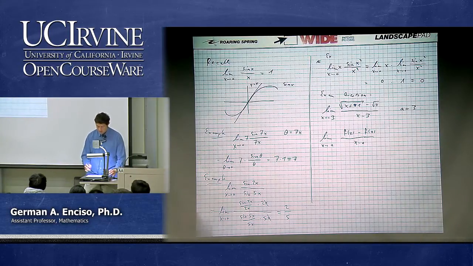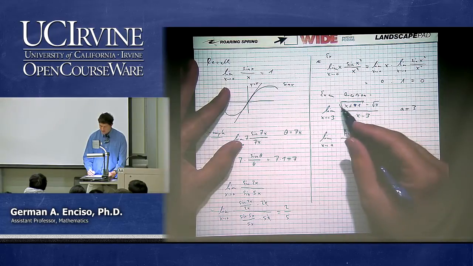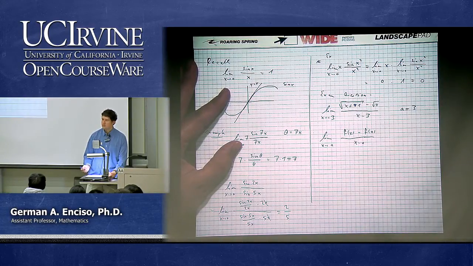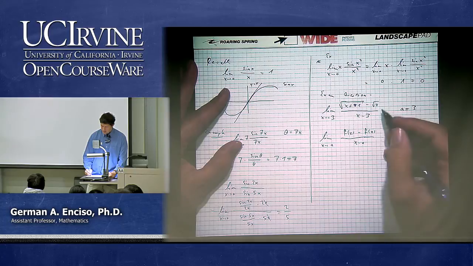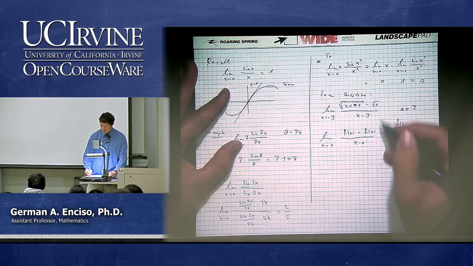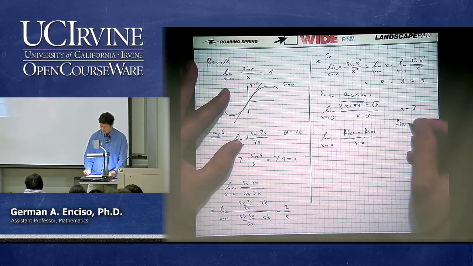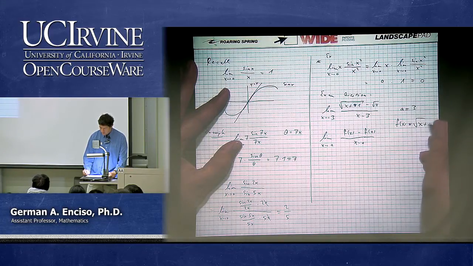Okay, second step. What function do we have to come up with so that the square root of x plus 1 is f of x, and so that f of a, f of 3 in this case, is equal to the square root of 4? Well, easy, right? If this expression is supposed to be f of x, then presumably f of x is the square root of x plus 1.